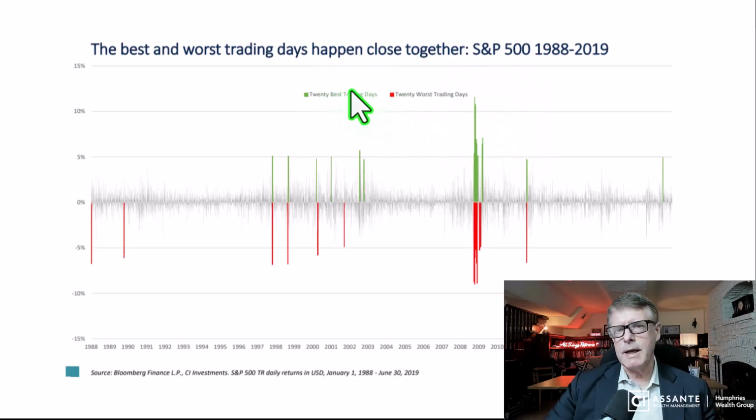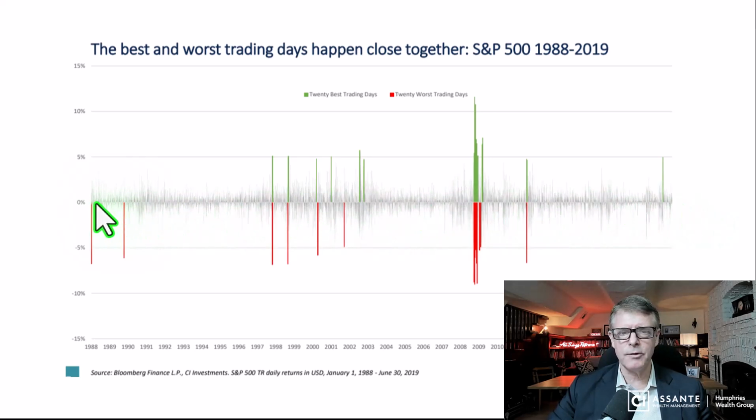Now, this chart is a really good illustration of how you navigate or should navigate turbulence in your retirement planning and your retirement investment planning. So the example here is the best and worst trading days happen close together. This is the S&P 500, 1988 to 2019, and we're showing you every single trading day over that time period.